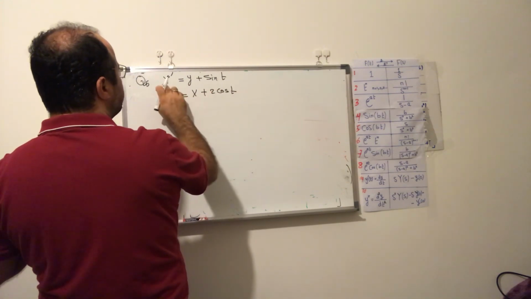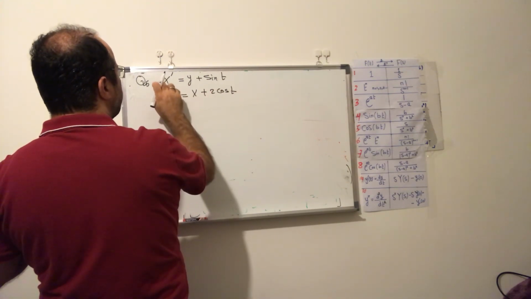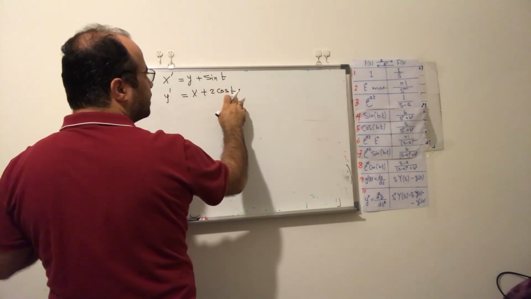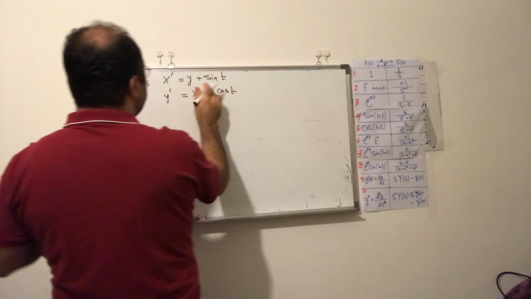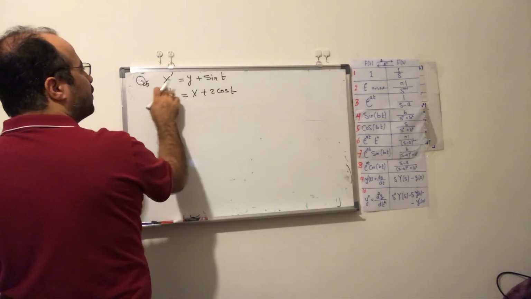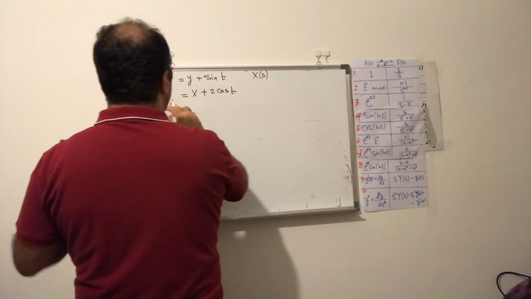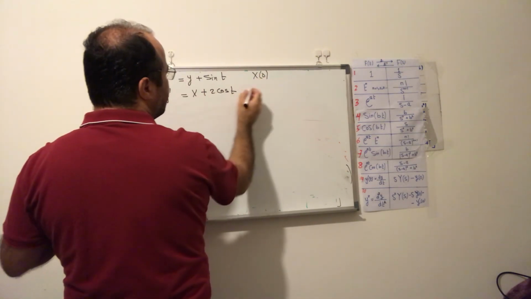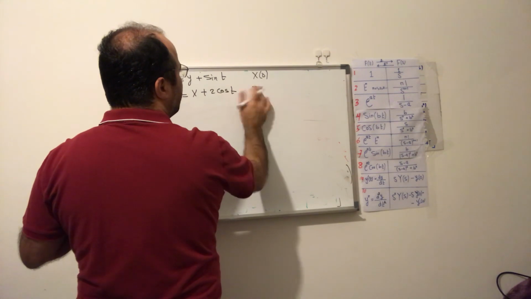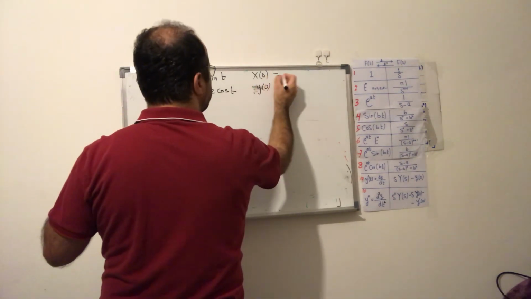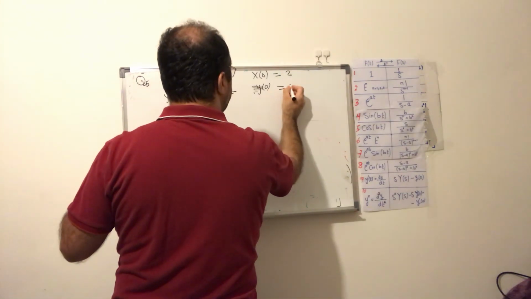So you have x as a dependent, y as a dependent, and t as the independent variable. For each equation you have a first derivative, so you need one initial condition. So this one is 2 and this one is 0.